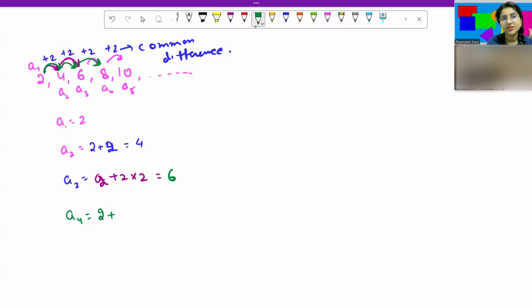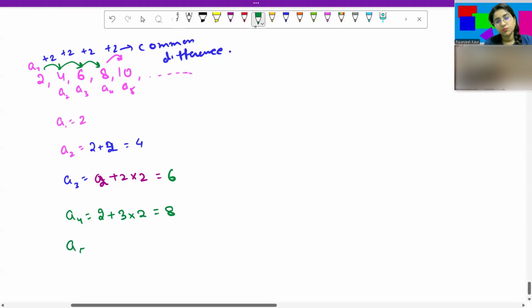Check. To reach 8, we added it 3 times. So it's 3 times 2, which is giving 8. If it's A5, it is 2 plus how many times 2? 4 times 2.